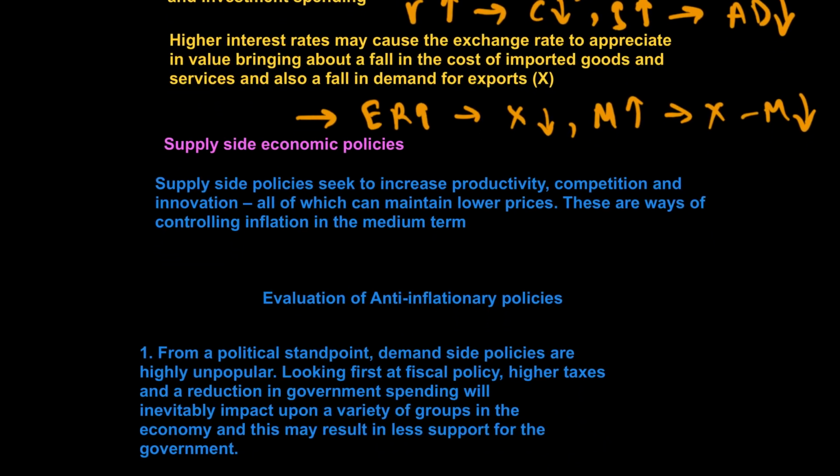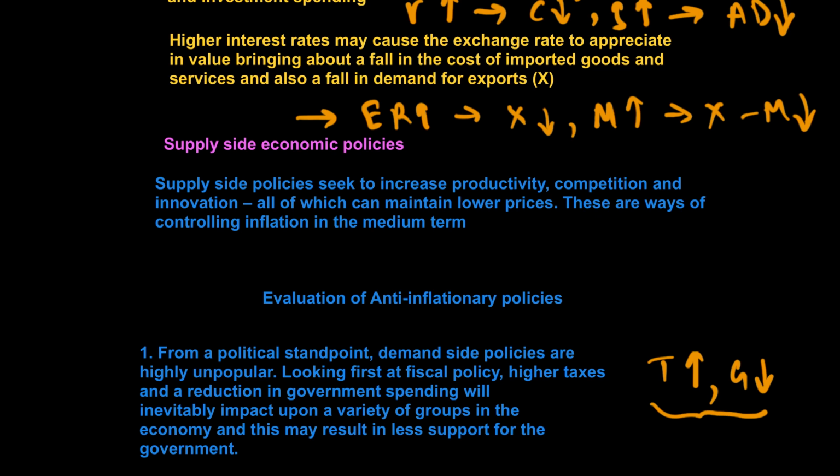Well, the first evaluation of an anti-inflationary policy is the idea that from a political standpoint, demand side policies are not very popular. Why? Because they make the AD curve go backward, which means that GDP will fall. But look at fiscal policy. It asks for taxation to go up, which is not popular among people. It is also asking for government spending to go down, which is again unpopular, and that will inevitably affect poor people much more than rich people, and that is a cause of unpopularity in an economy.